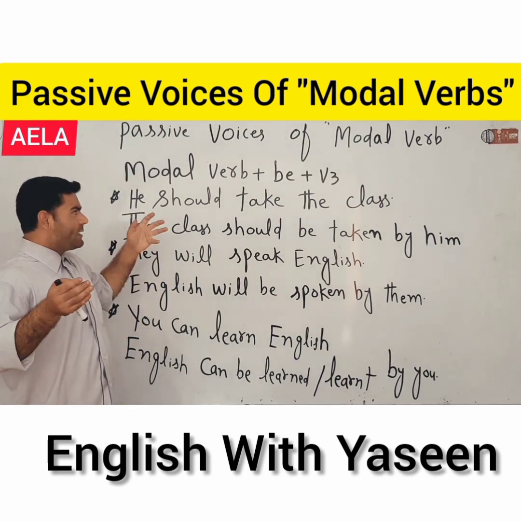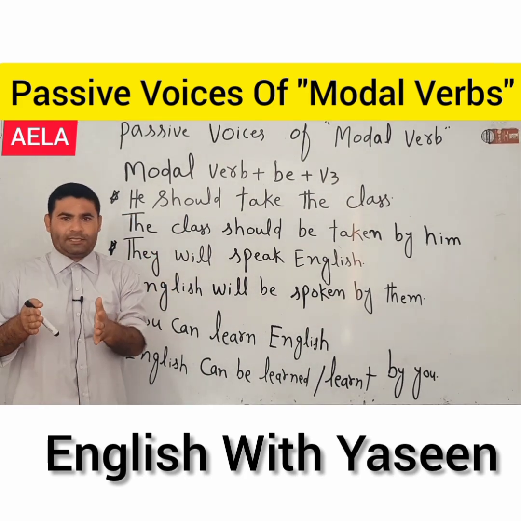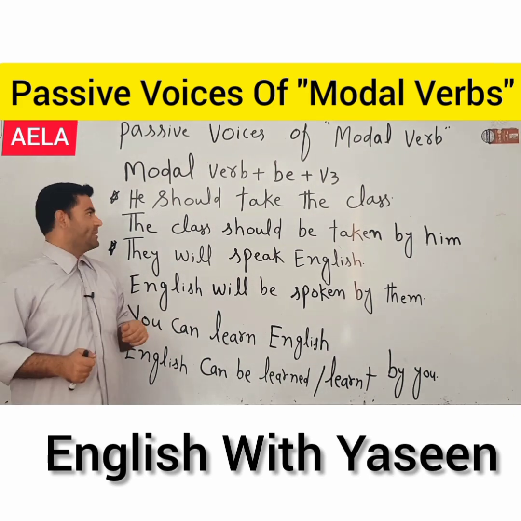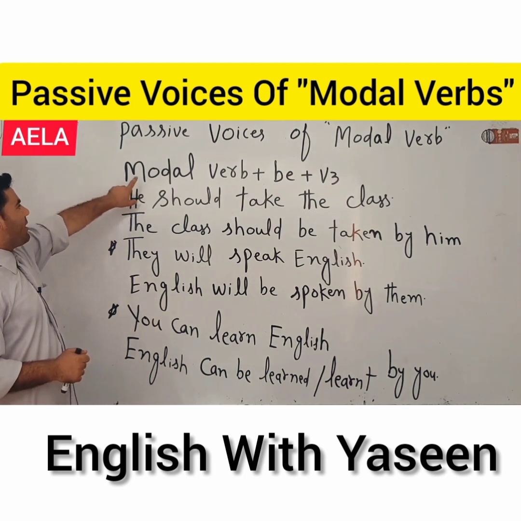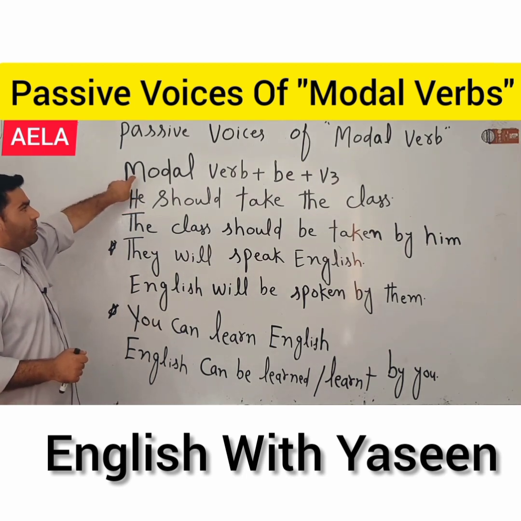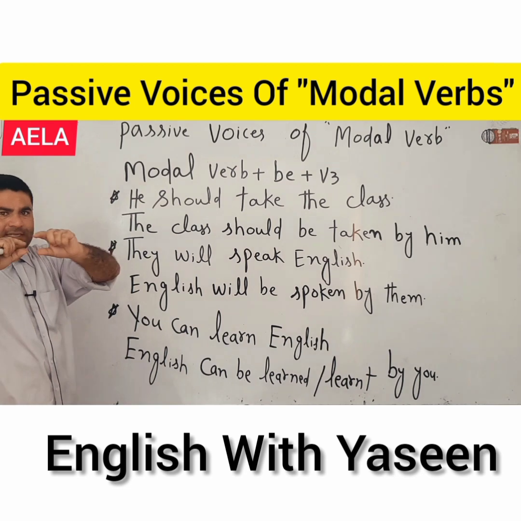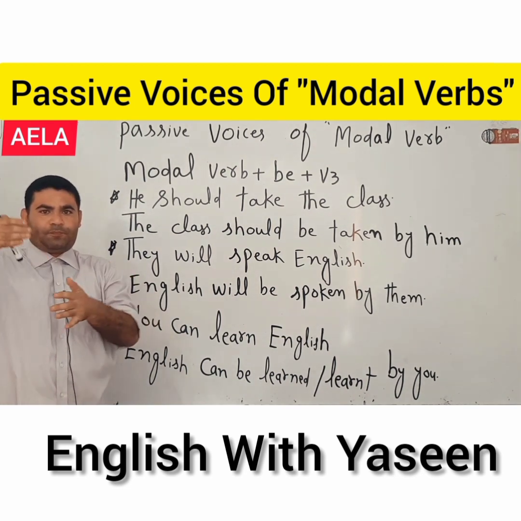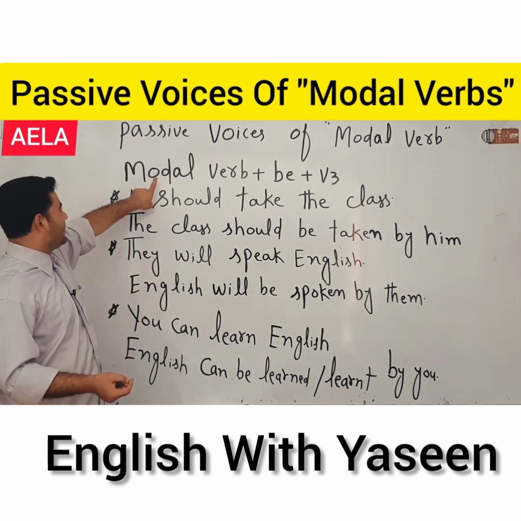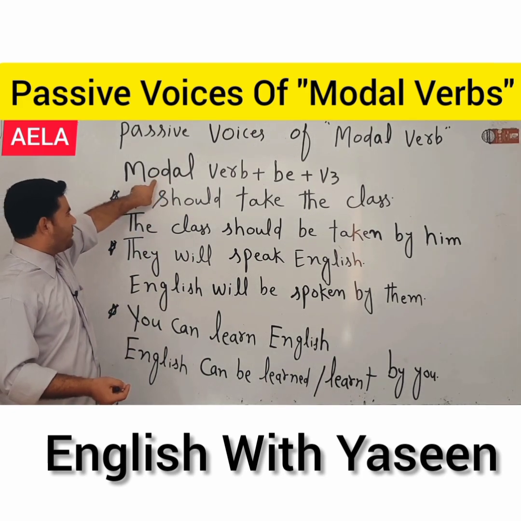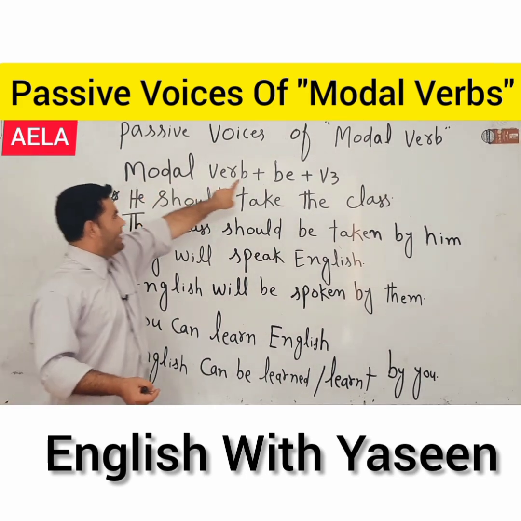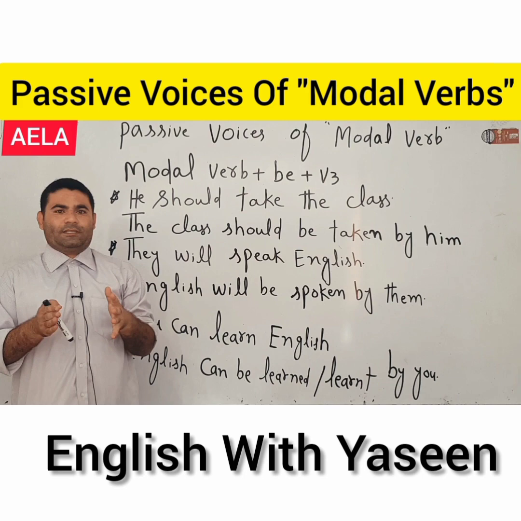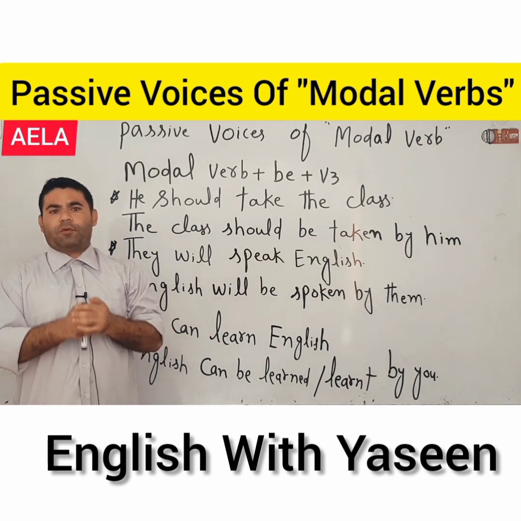So let's talk about how we change a sentence having a modal verb to passive voice. The structure pattern is, when we change a sentence having a modal verb like can, could, should, will to passive voice, we will use that modal verb in the passive voice, then be, then the third form of verb, because in all passive voices we use the third form of verb.